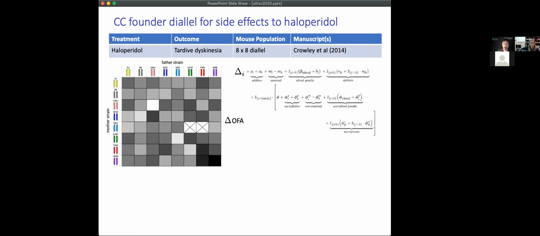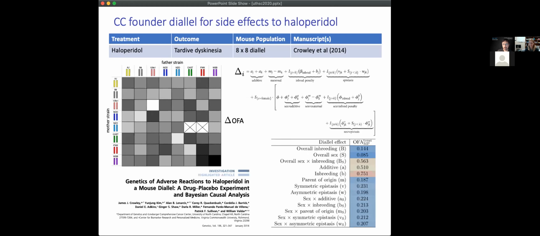We worked out a fairly complicated model for modeling different types of effects on this, which you can read about, but that was the paper where we'd previously looked at ordinary phenotype diallels and thought that moving to a treatment effect would be straightforward, and actually it opened up a whole new series of questions and a new thought process.